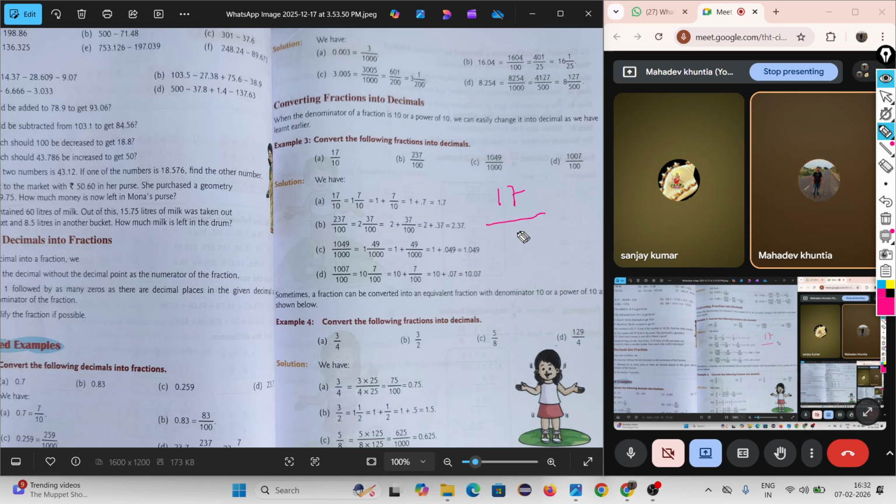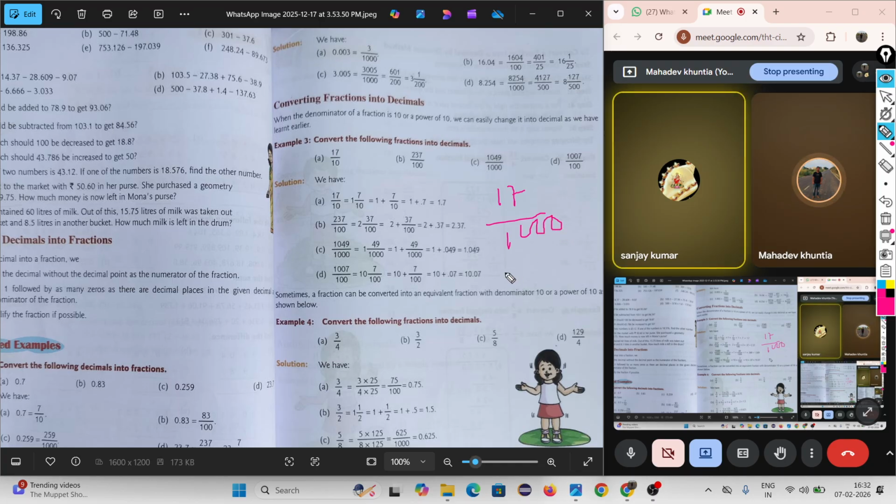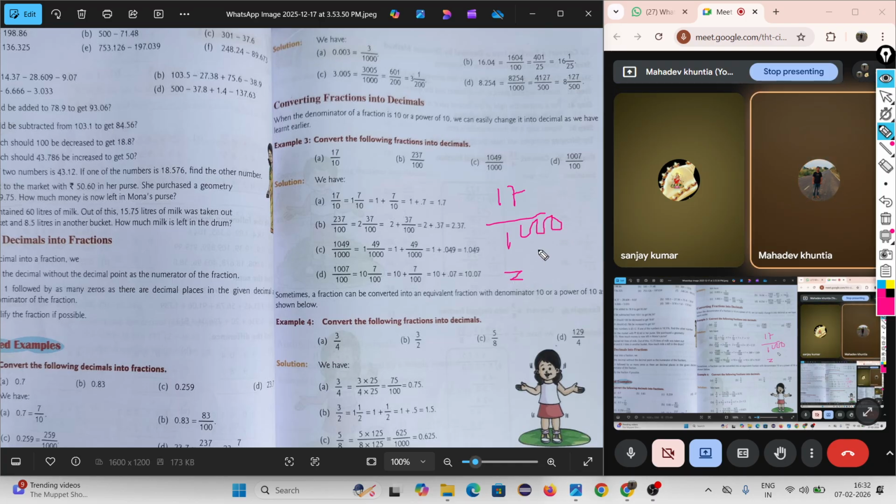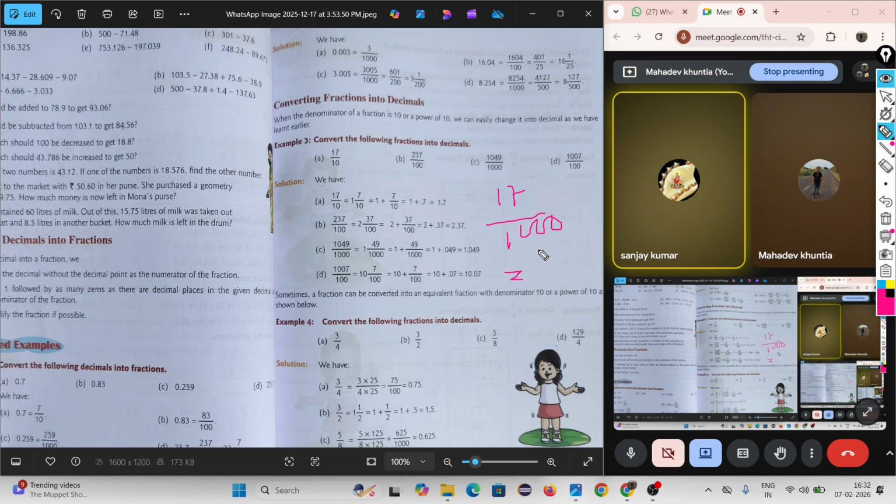17 upon 1000. Convert this into decimal. Is it 0.17?